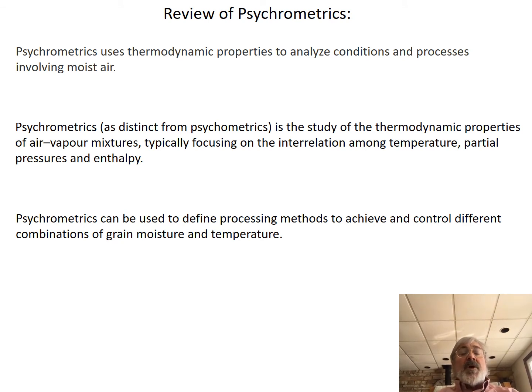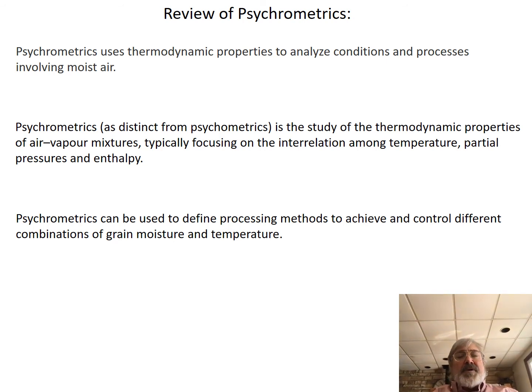And hopefully what I convey in this talk is that if we're looking for color and flavor development, the grain temperature is the important value. The grain temperature is what the chemical reactions, the chemical kinetics, are going to function on.